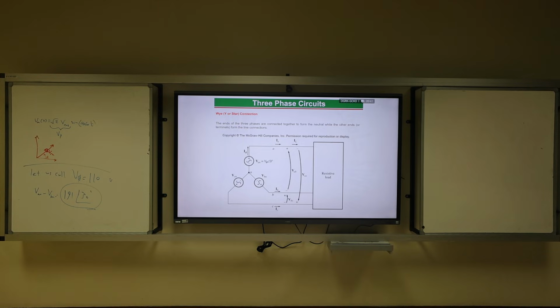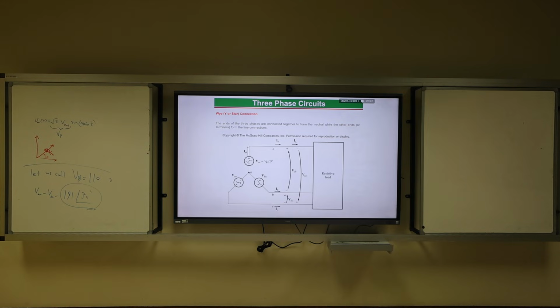And this is the answer. It's in radians, so we have to change it to degrees. Shift mode, number 3. 110 angle 0 minus 110 angle minus 120. Put this answer. Shift 2, number 3.